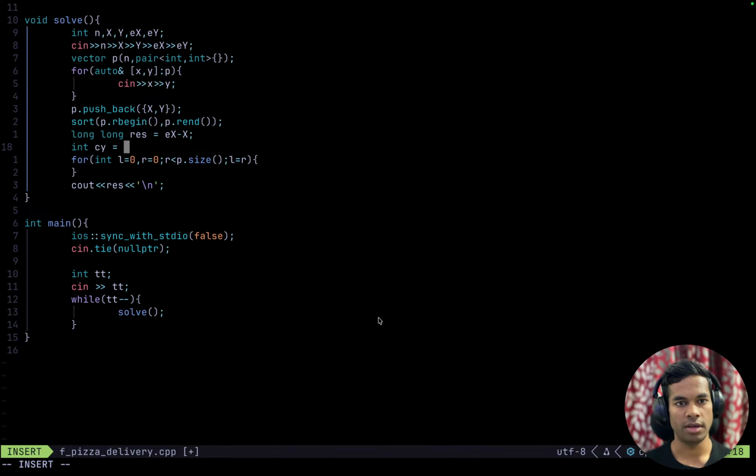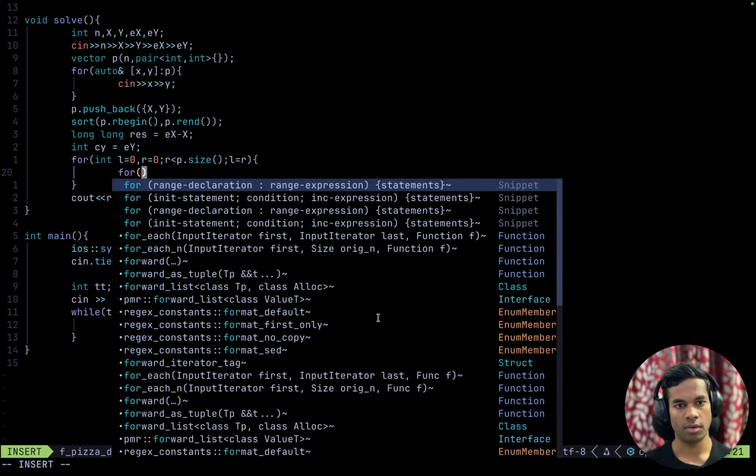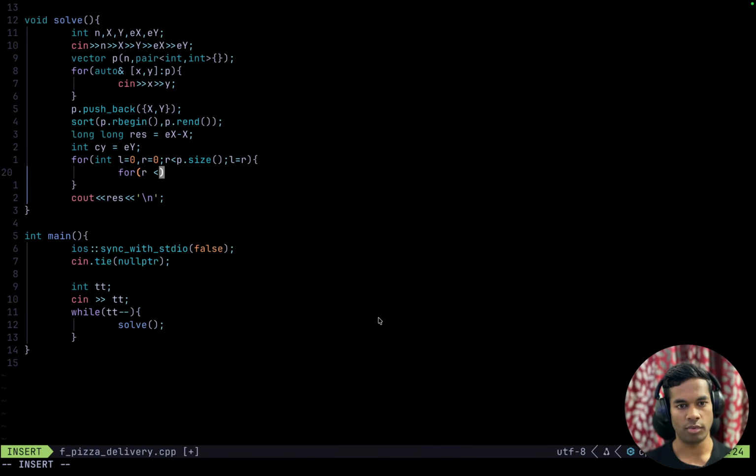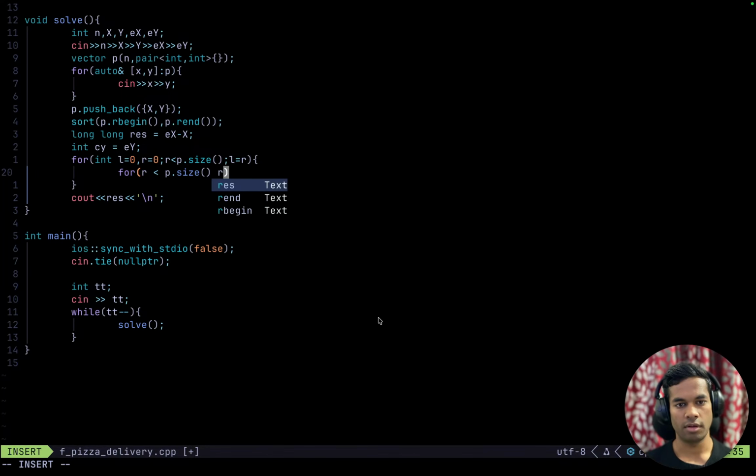Current y would be end y, and okay, for r smaller than p dot size, while p r dot first equals p l dot first r second.